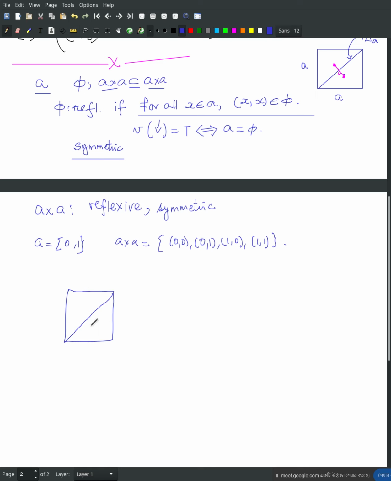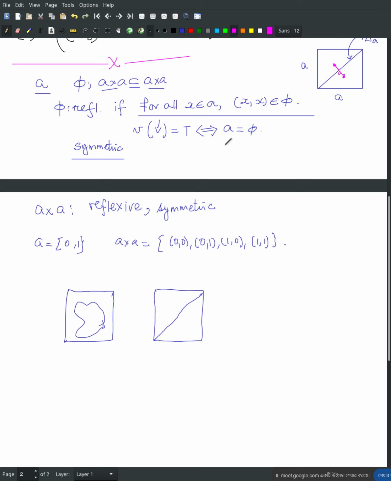Any general relation is anything like this, any subset of this. So what is reflexivity? Reflexivity means that the relation should contain this diagonal.